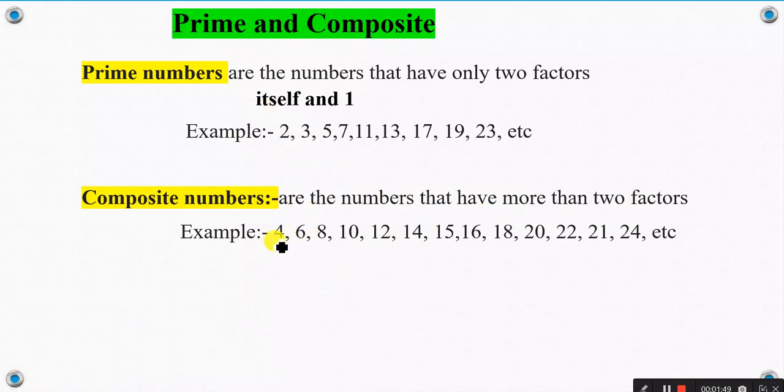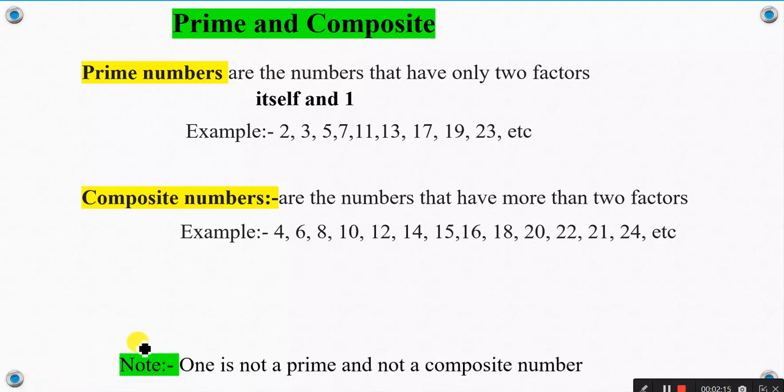Another example, 8. 8 is divided by 1 without remainder, by 2, by 4, and by itself. It has 4 factors, so it is a composite number. Here are many examples you can see from the slide.